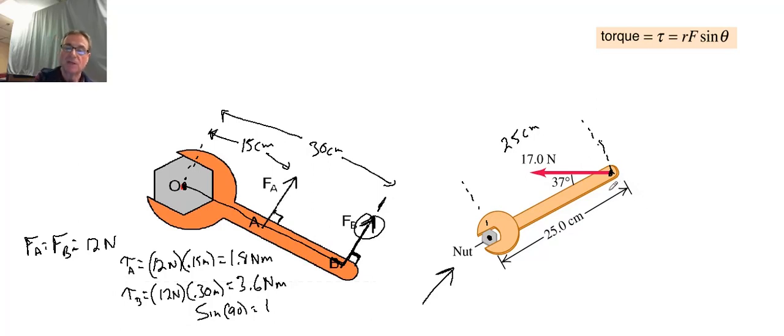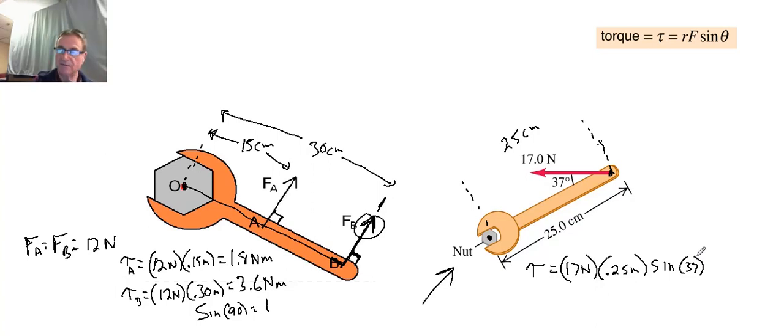So the torque that's going to be applied is going to be the force, which is going to be 17 newtons, times the distance from the pivot point, which is going to be 25 centimeters or 0.25 meters, times the sine of the angle between them, which is 37 degrees. Well, when we do this arithmetic, here's what we get.